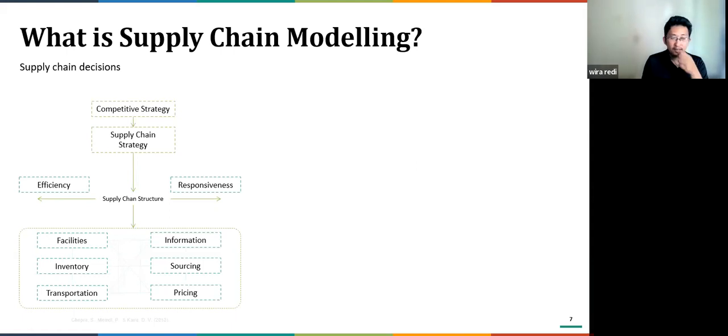So in order to have that, of course, you need to have something in your company to support it. What is the supply chain strategy?